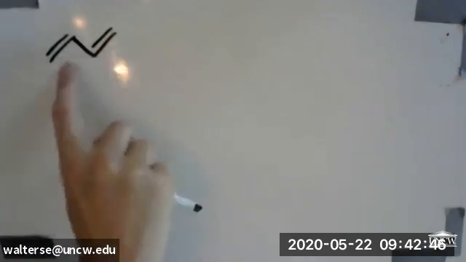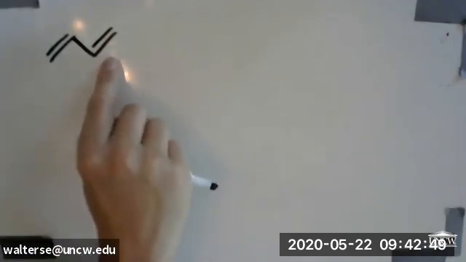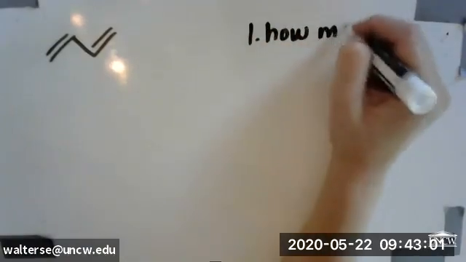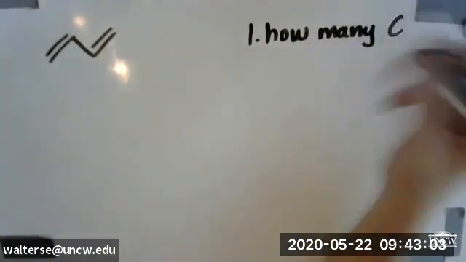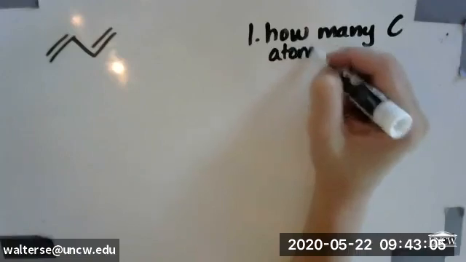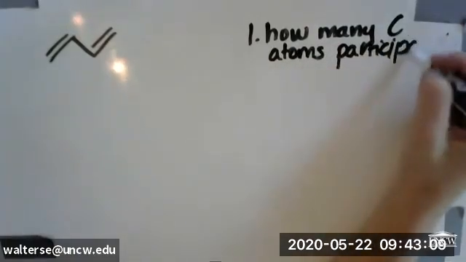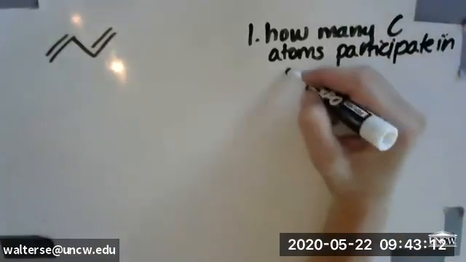Okay, so you're really responsible for molecular orbital diagrams that involve pi bonds. So what you're going to do, you're going to start by saying, how many carbon atoms participate in pi bonds?